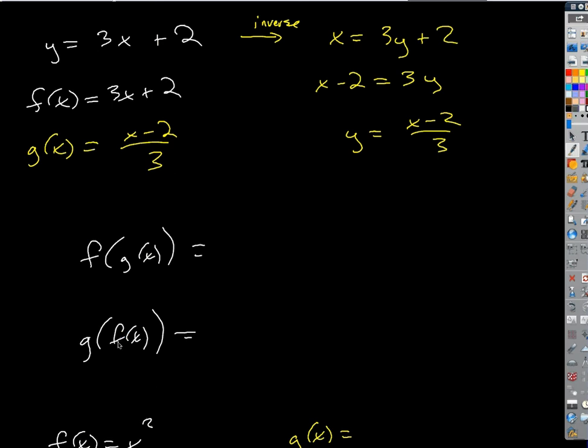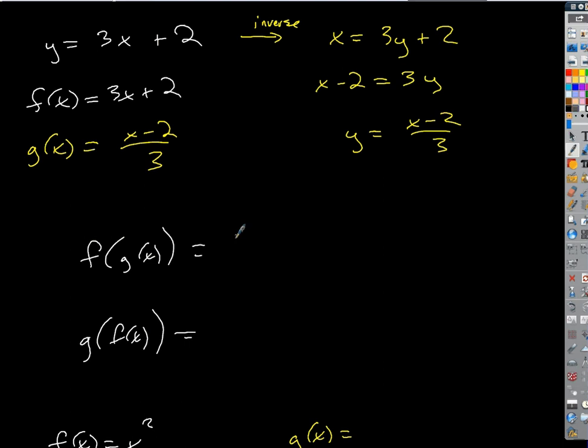What is f of g of x in this case? If f of x is 3x plus 2, what's f of a? 3a plus 2. What's f of b? 3b plus 2. What's f of g? 3g plus 2.